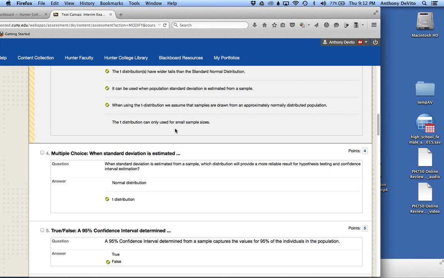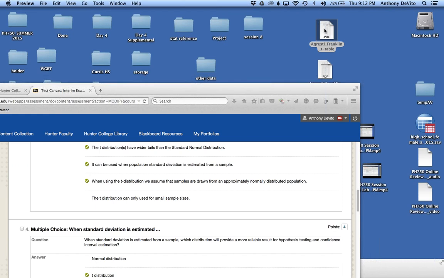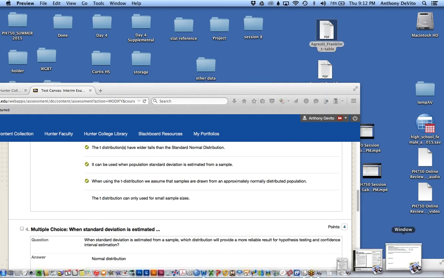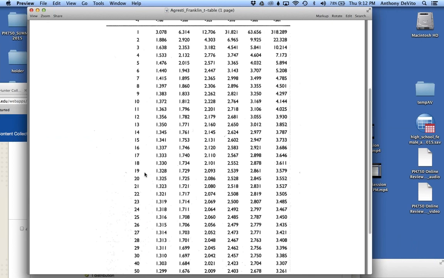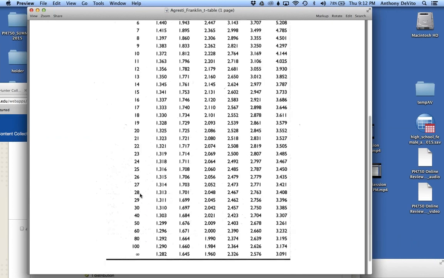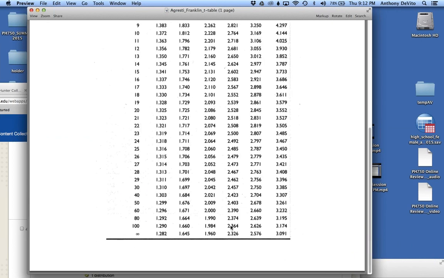And finally, the t distribution can only be used for small sample sizes. Well, in fact, we know better than that because in SPSS the t distribution is available. See, the t distribution goes all the way up to sample sizes of 20, 28, 30, 80, 100, and at infinity, it's equal to the z distribution. So you can use it for very large samples.